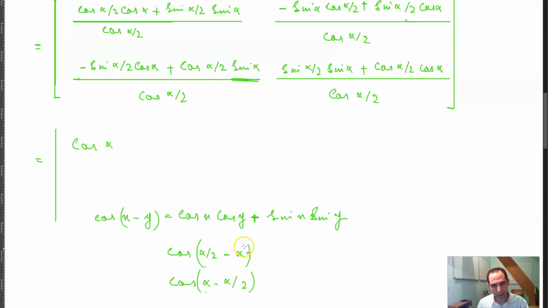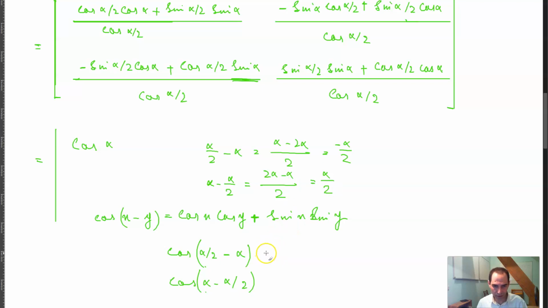And you can see that here you will get alpha by 2 minus alpha, which is the same thing as alpha minus 2 alpha over 2, which is equal to negative alpha by 2, and alpha minus alpha by 2 is equal to 2 alpha minus alpha over 2, which is equal to alpha by 2.